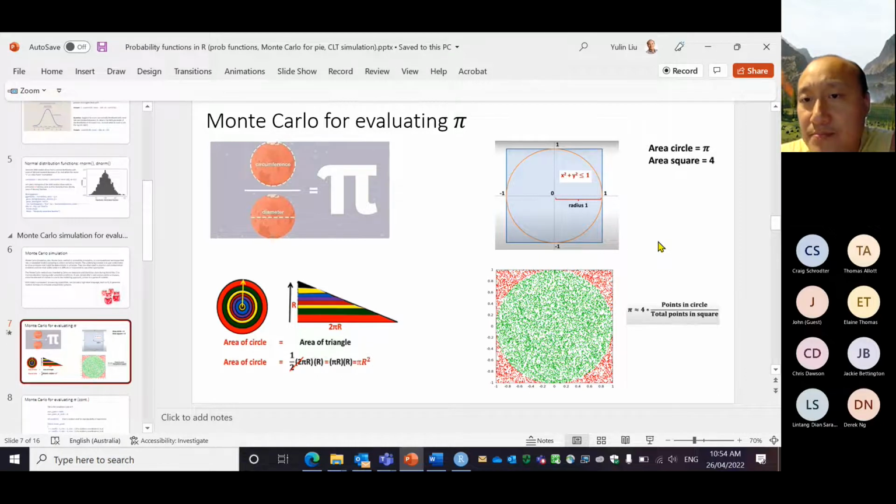So for example, here we have a circle. The diameter is 2. In other words, the radius is 1, in this diagram.